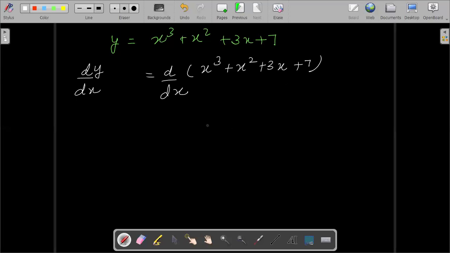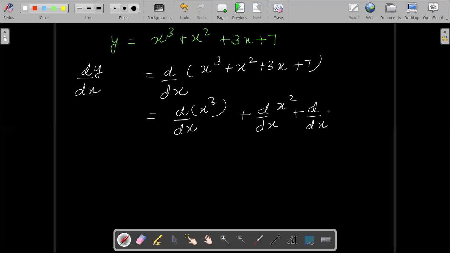Since differentiation can distribute over addition, I'll be writing it d by dx of x cube plus d by dx of x squared plus d by dx of 3x plus d by dx of 7. Got it? Okay.